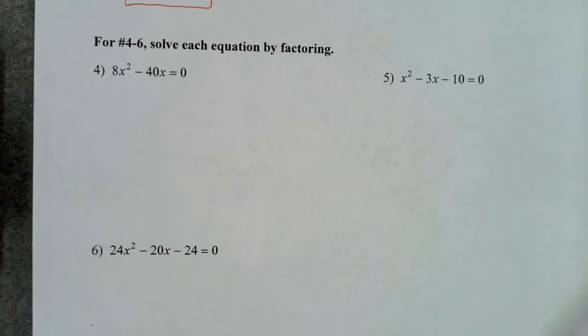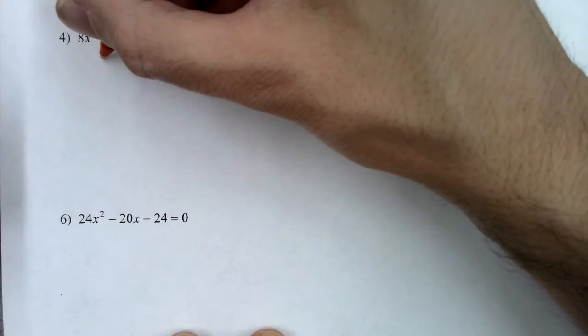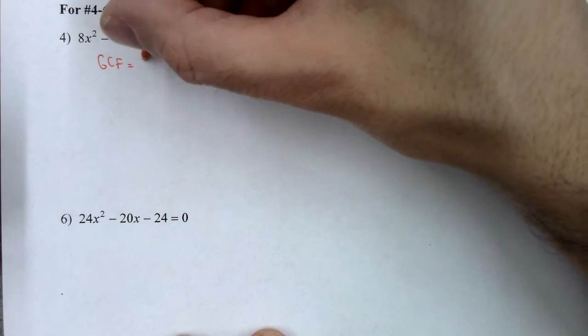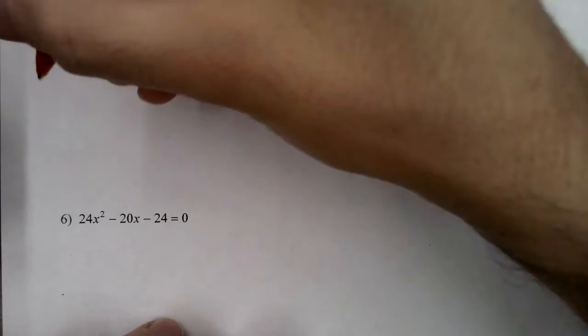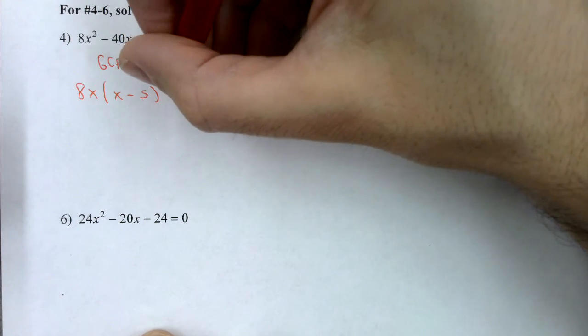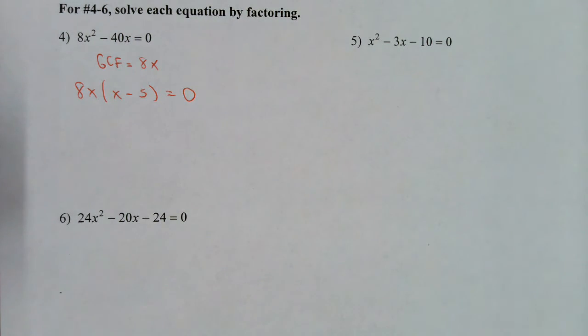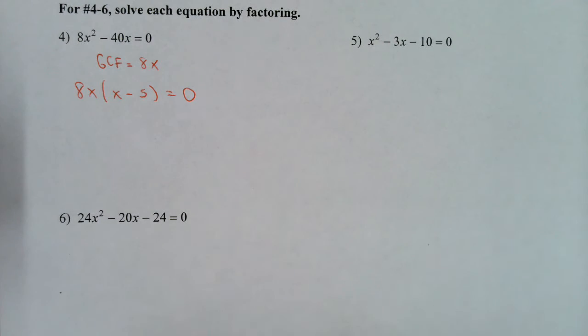So number 4, this one has a GCF. Always check for a GCF first. The GCF equals 8x. So I'm going to factor out the GCF of 8x. And it's going to leave me with x minus 5 in parentheses, because 8x times x is 8x squared.